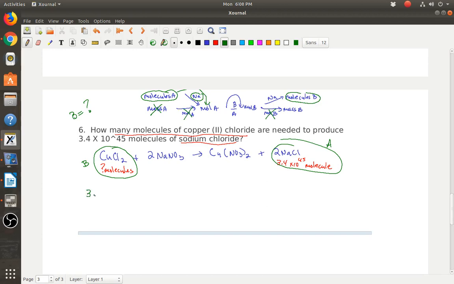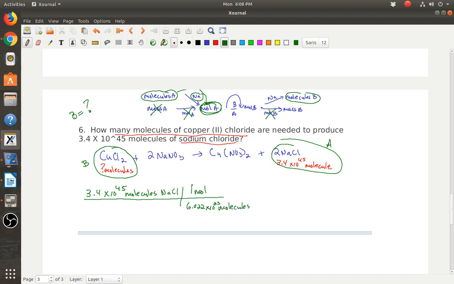So I start with what I know. 3.4 times 10 to the 45th molecules of sodium chloride. I need Avogadro's number. Well, what is that? I'm turning it into moles. So that means I'm going to have the 1 mole portion on top and Avogadro's number on the bottom. 6.022 times 10 to the 23rd molecules.